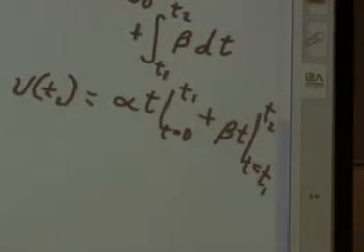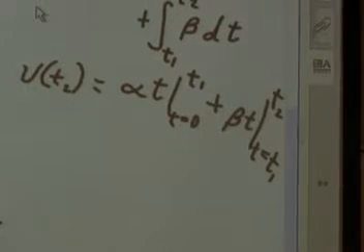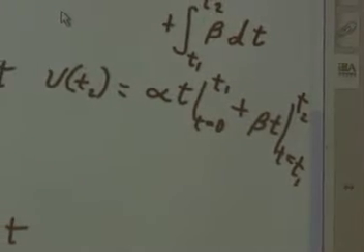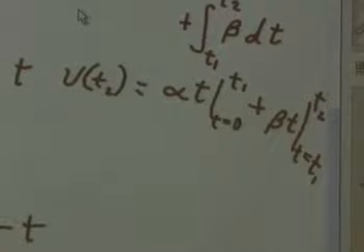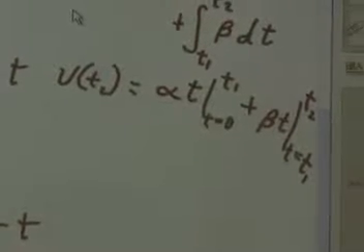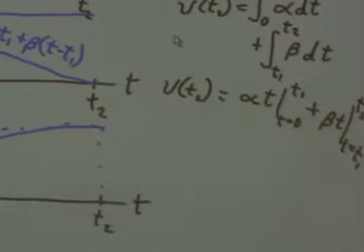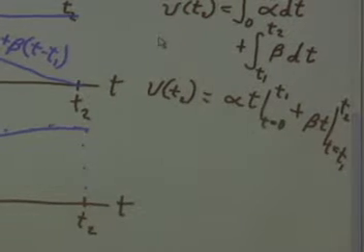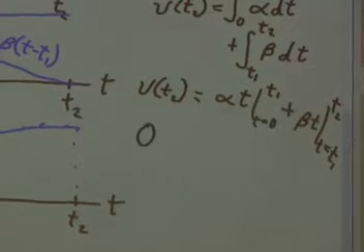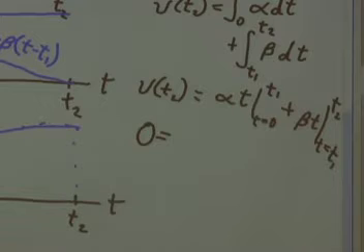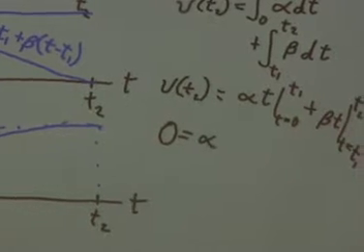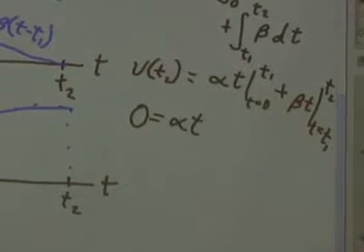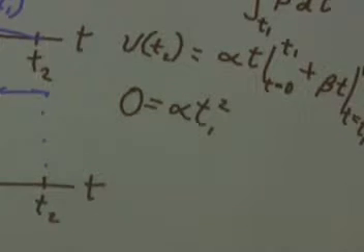All right. So substituting in those values, and while we're at it, let's go ahead and substitute on the left. We know that the velocity at time t2 should be equal to 0. So we have 0 equals alpha times t1 squared minus 0 squared, which I will not bother to write down.